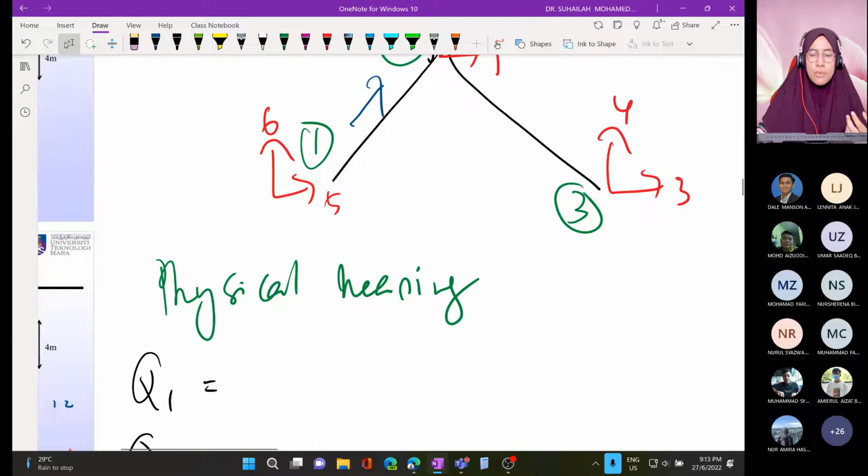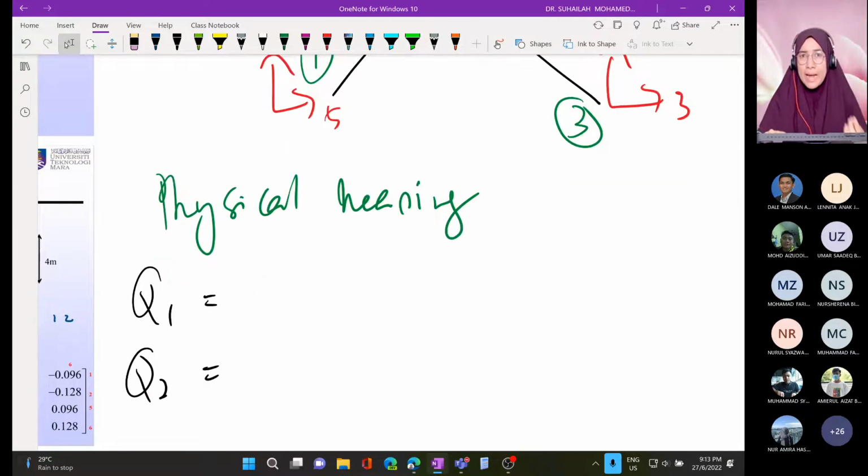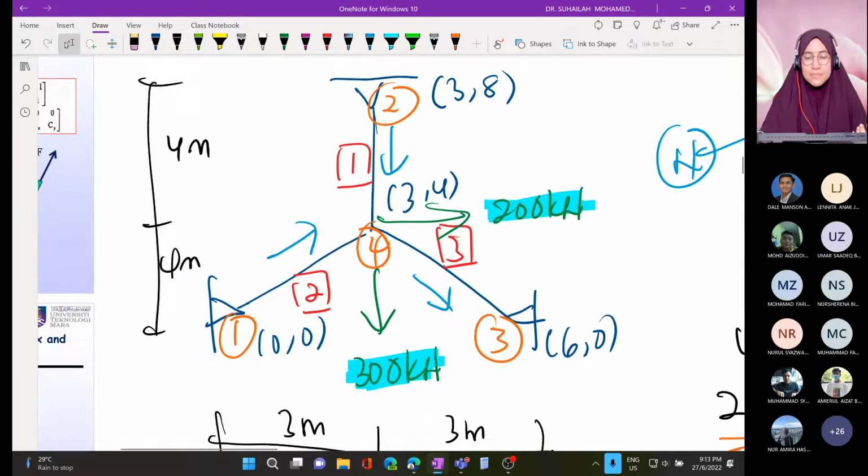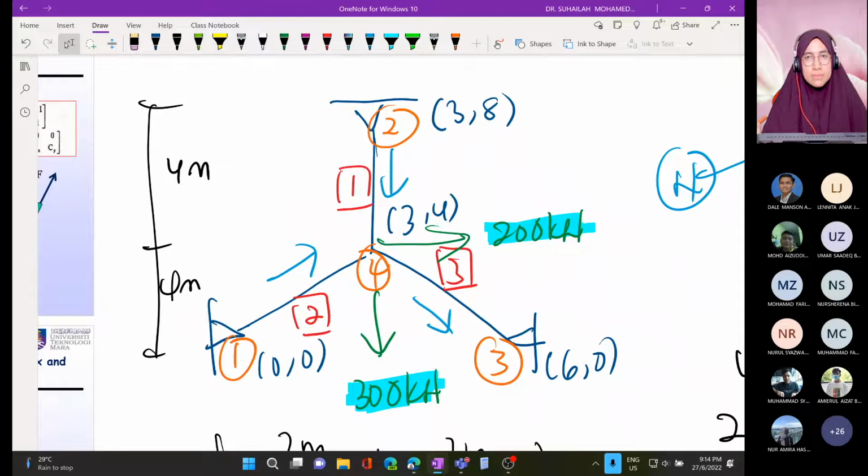If we want to read Q1 and Q2 from the diagram, what is the value of Q1? It is 200. Q1 is 200.